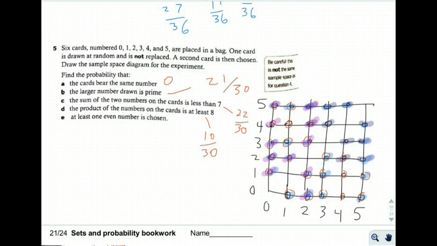Anything with 4 is fine. Okay, so what do we have here? 1, 2, 3, 4, 5, 6, 7, 8, 9, 10, 11, 12, 24. So 24 out of 30. Okay, and that's it.